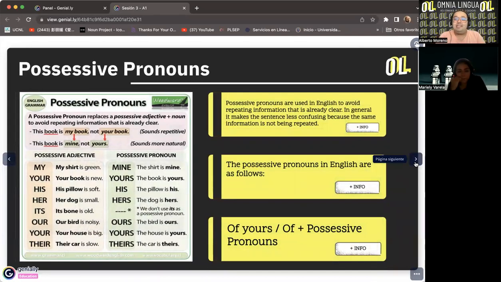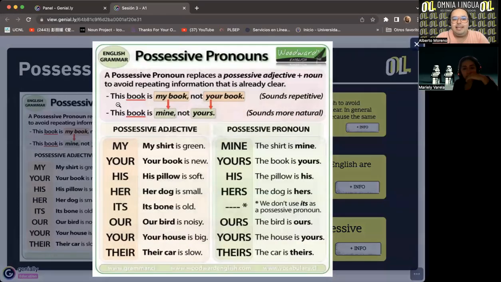Why? Because possessive pronouns are used in order to avoid repetition. We use possessive adjectives to say that something belongs to me or to another person, and possessive pronouns are used to avoid saying the same thing again and again in the same sentence. For example, this book is my book, not your book.